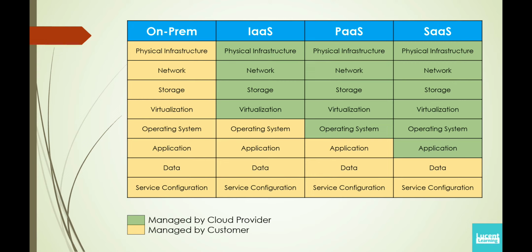Okay, so let's go with some examples. Deploying a server in the cloud is an example of infrastructure as a service, because you have to select the operating system, and then on top of that operating system, you will install an application, you will have some data, and you will configure your services, right? If I talk about a platform as a service example, then databases are a very good example.